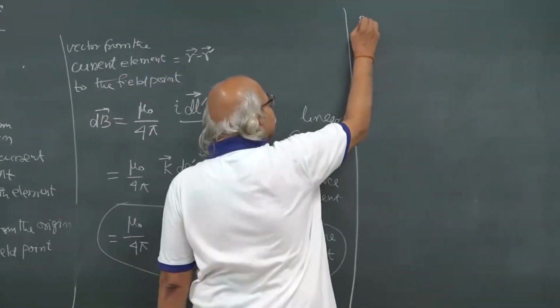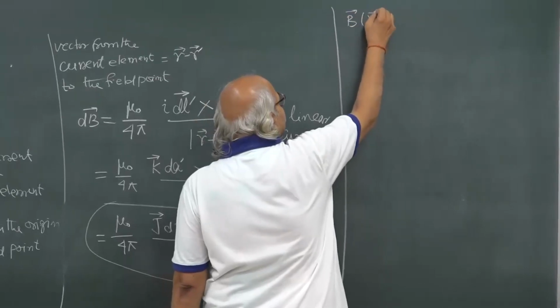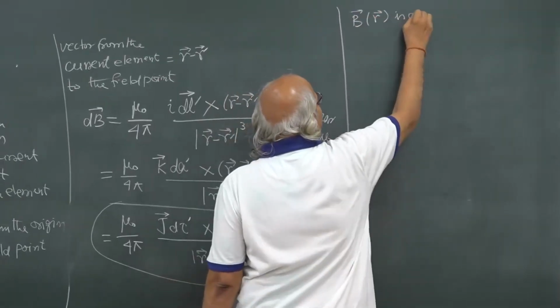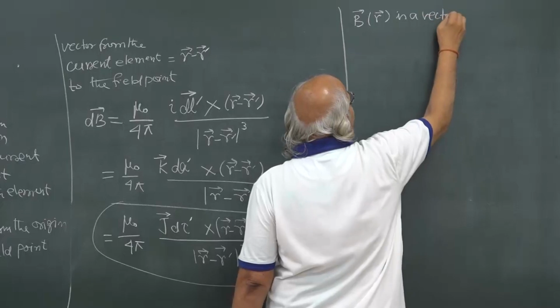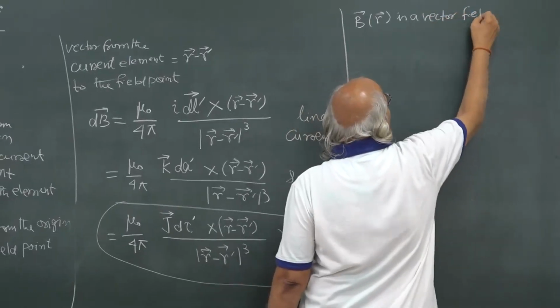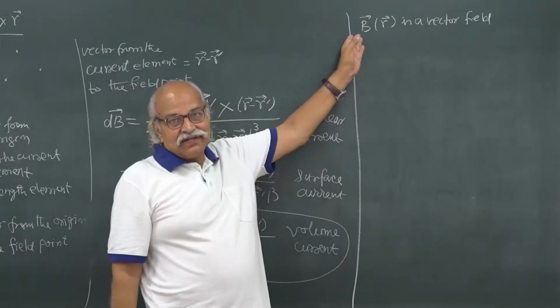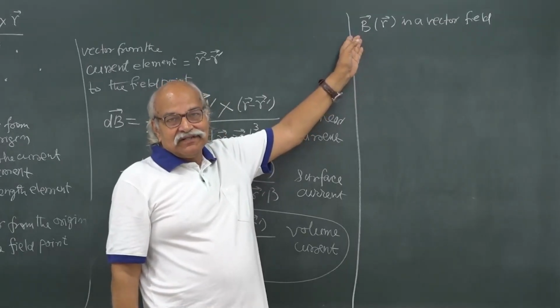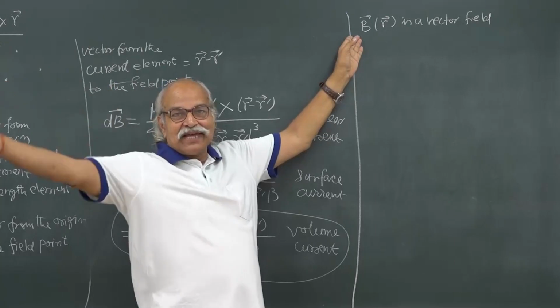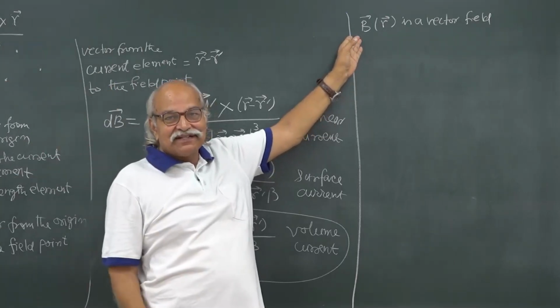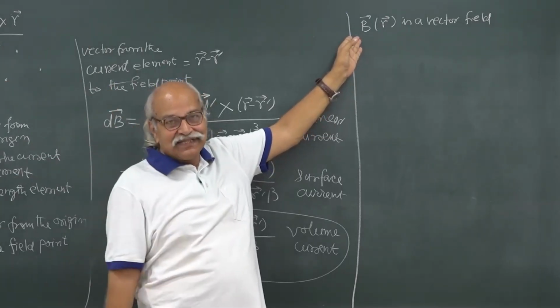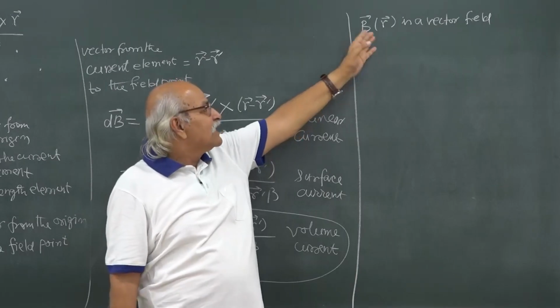So, B at r is a vector field. It is a vector quantity, and then it depends on location in space. At different locations the value of this is different. So, that is known as a vector field.